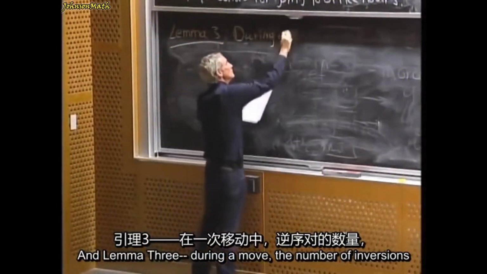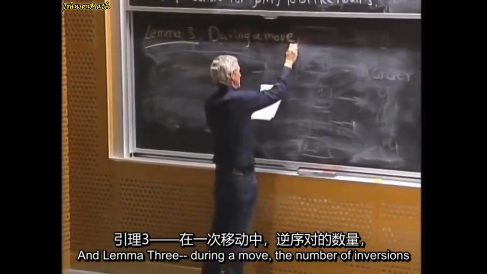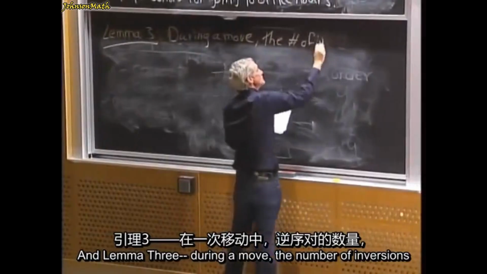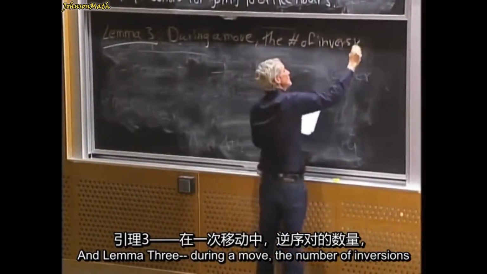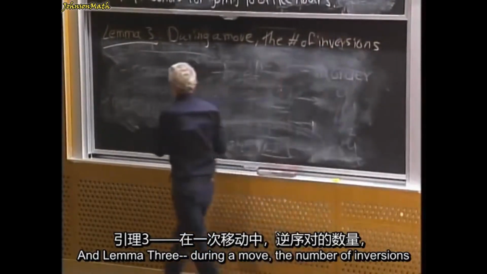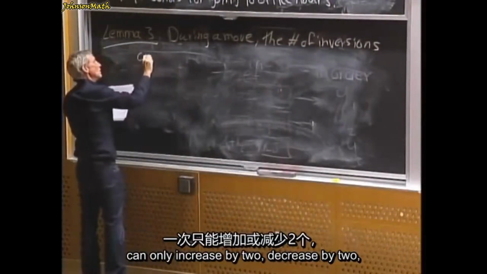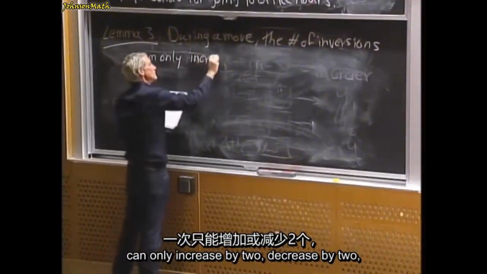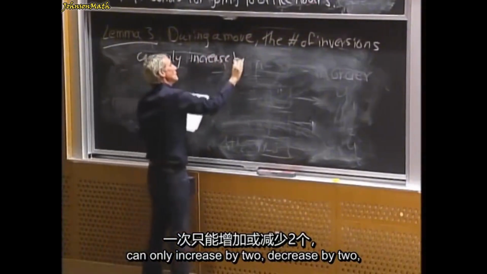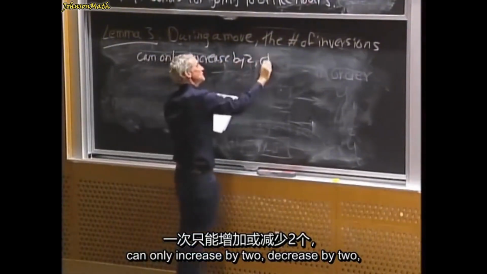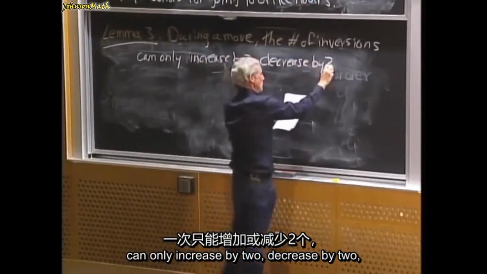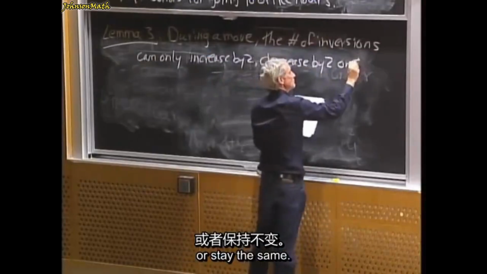During a move, the number of inversions can only increase by 2, decrease by 2, or stay the same.